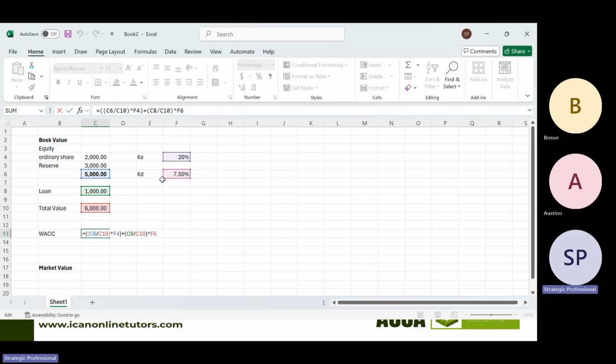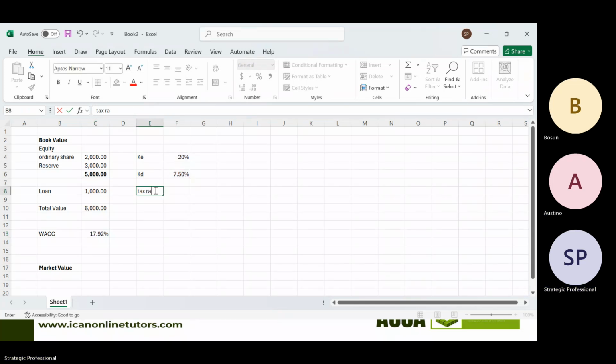And most times in questions, they don't usually give you post-tax cost of debt. They give you pre-tax cost of debt. So you are the one to make sure that you strip out the tax element to get your post-tax cost of debt. So let's say in this question, this 7.5 was the pre-tax cost of debt, and they gave you a tax rate of 20%.